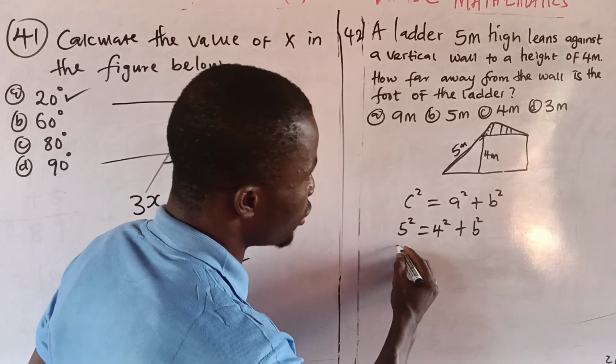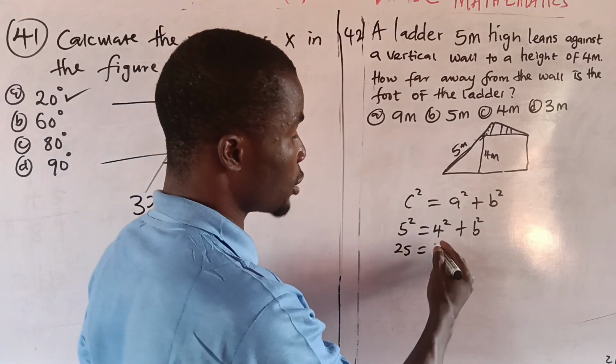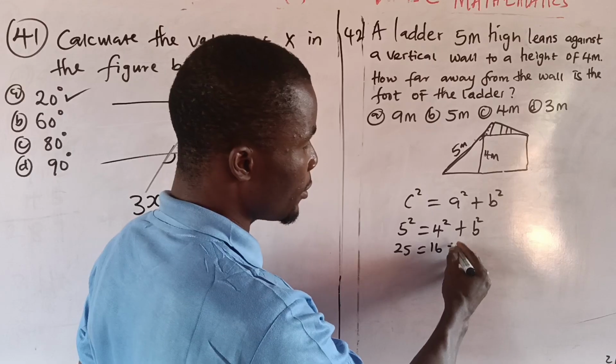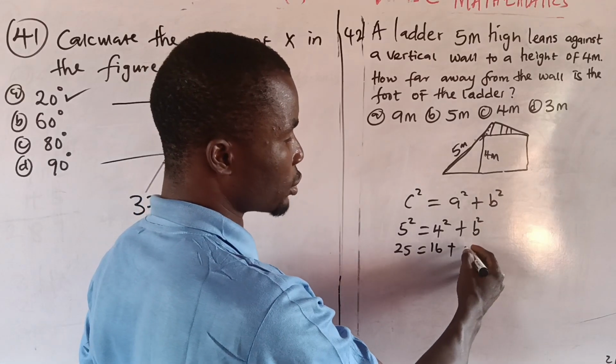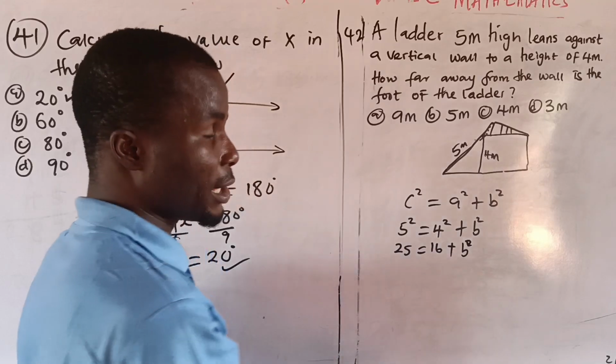So 5 squared will give us 25. 4 squared will give us 16. Plus b squared. So we have to look for the base.